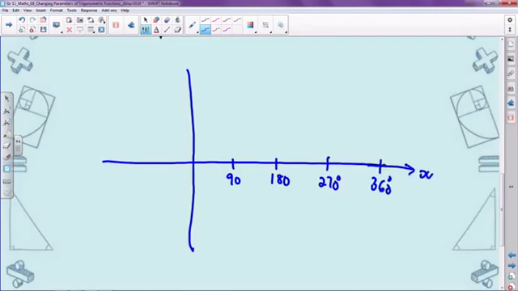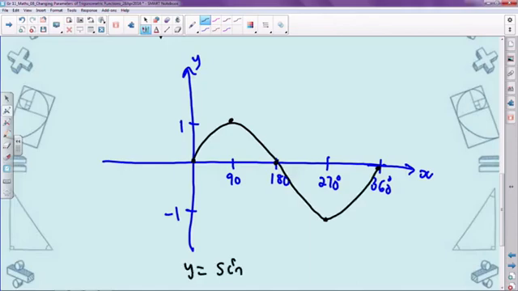This is y, and then you've got a 1 there, a minus 1. We're taking a parent function, y equals sine x. Now this is the graph. Okay? Now, you've got y equals sine x.